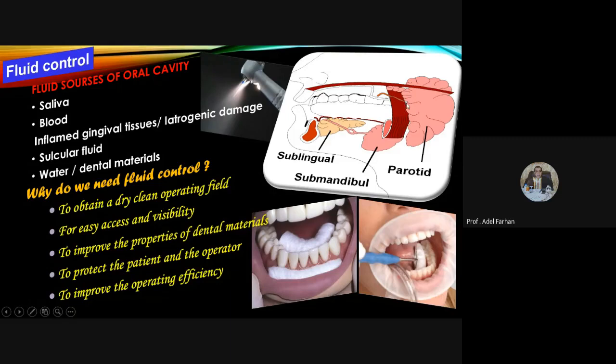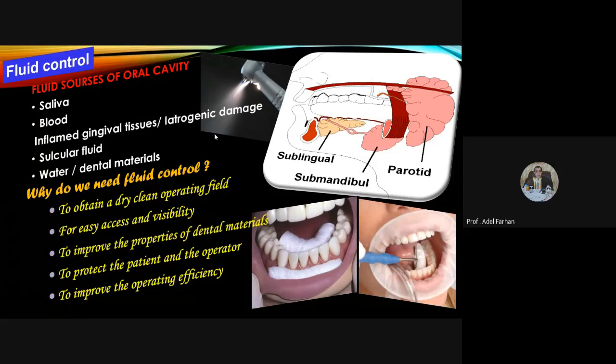Okay, the parotid at the buccal mucosa, while below the tongue we have the sublingual and submandibular glands. Another source is the blood that comes from inflamed gingival tissue or any iatrogenic soft tissue trauma during work, or gingival bleeding during tooth preparation.